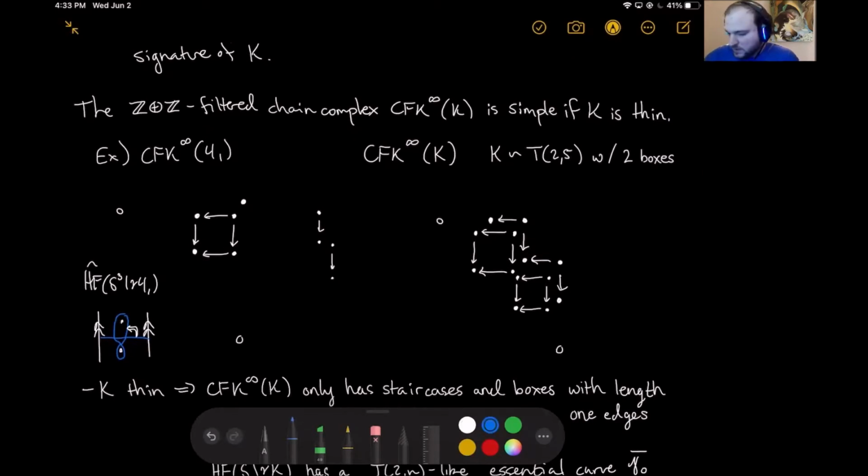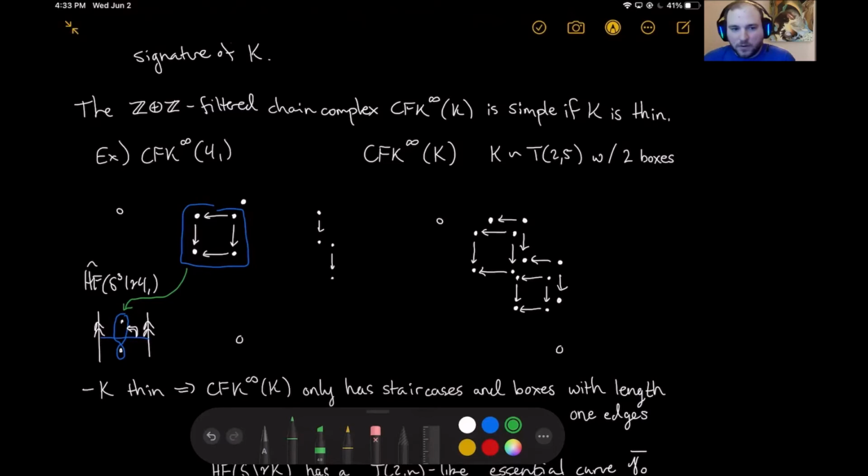And one of the takeaways here is that this box in the full knot Floer complex, maybe connected with a different color than blue, is related to the figure 8 that you see there and the height that that figure 8 sits at. More interesting things can happen though.